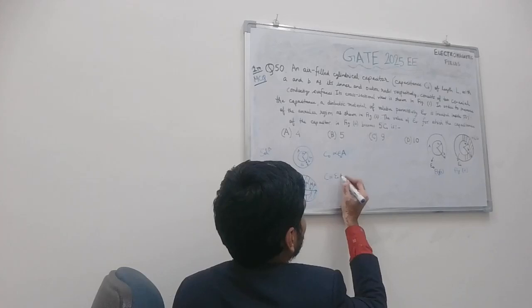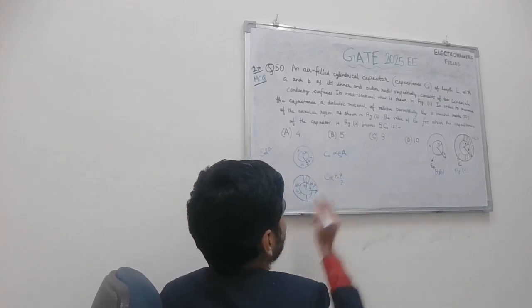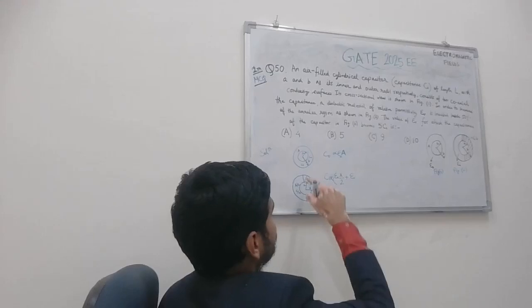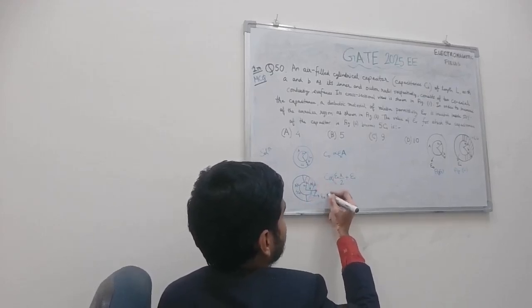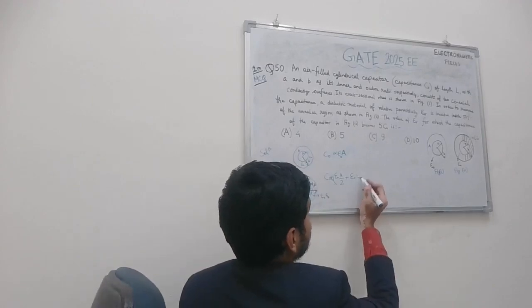So C is proportional to epsilon naught A by 2 plus epsilon naught epsilon r for this part. The permittivity is epsilon naught epsilon r, into A by 2.